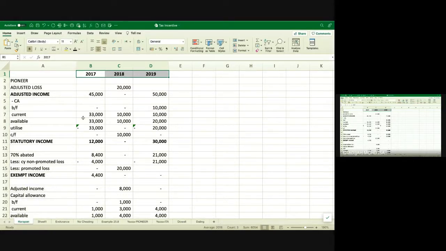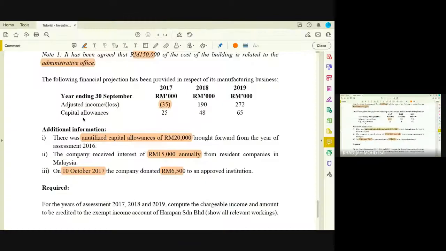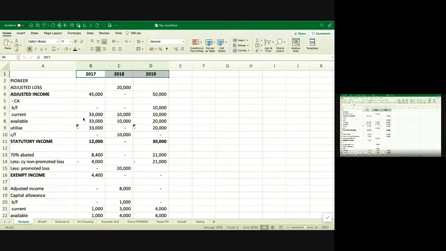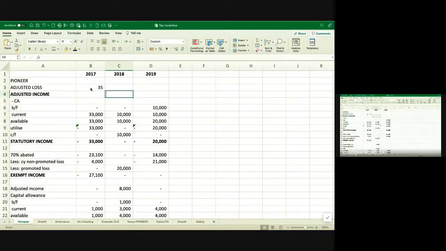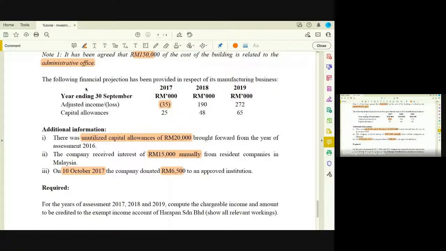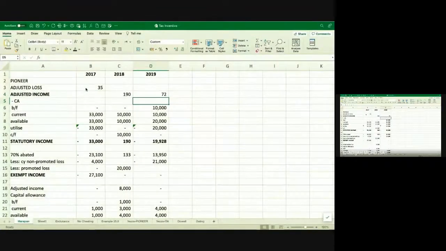Okay, so what's the year? The years are 2017, 2018, 2019. Now you plug in the information. What information do you have here? You have an adjusted loss of 35, and then here is 190 and 272. Anyone who has done this can check my answer.